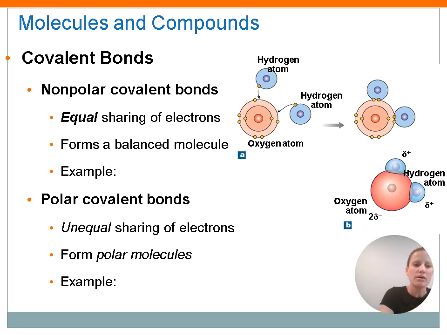A non-polar covalent bond is when you have equal sharing of electrons. This happens when you have 2 atoms that are of the same element, like hydrogen. 2 hydrogens sharing a pair of electrons are going to share them equally. They're the same size, they pull on the electrons with the same strength, so it's going to be equal.